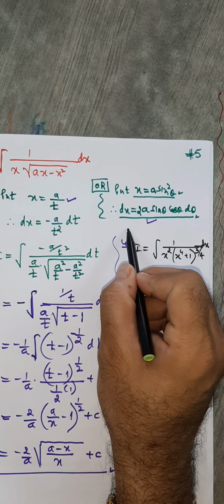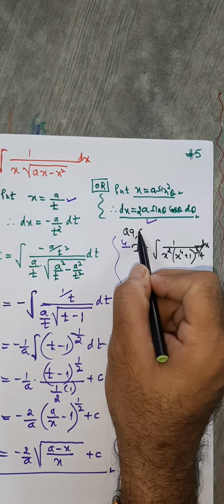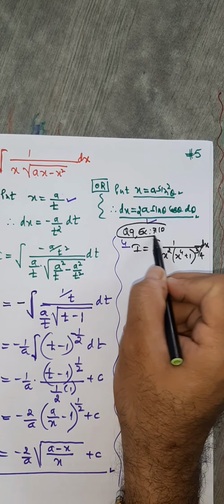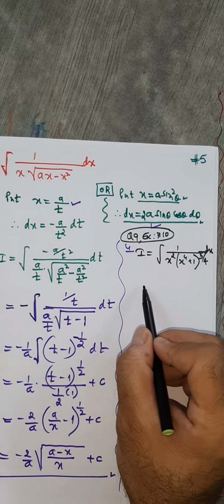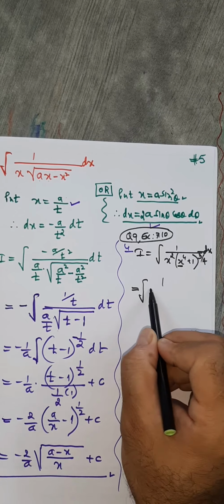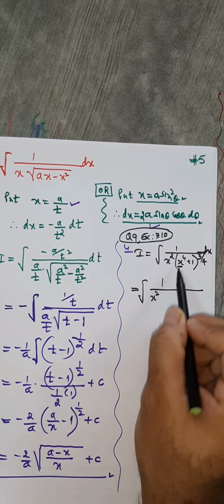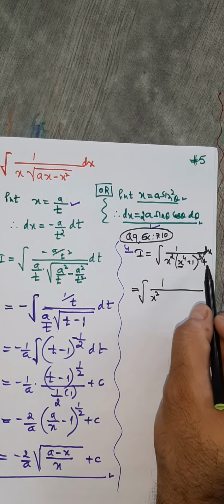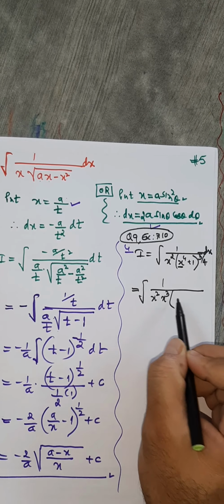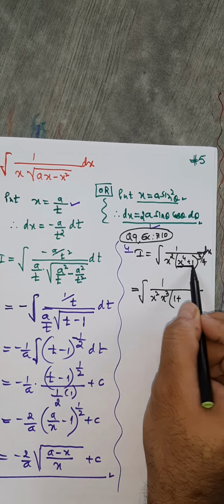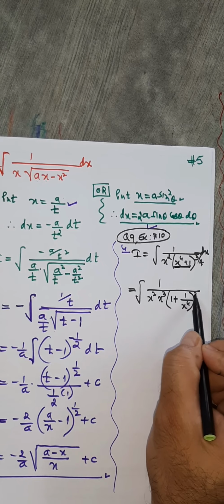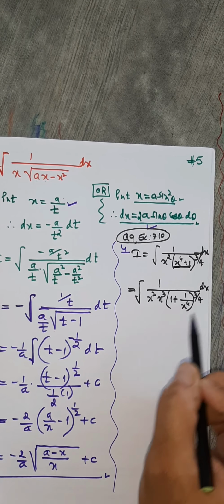You recall question number 9 of exercise 7.10. Just have a look at that, you will realize what we do in such questions. We take the highest power common here. So this is x squared. When you take x raised to 4 outside the bracket, this 4 and this 4 will go away, so it is just x cube, into (1 plus 1 upon x raised to 4) raised to 3 by 4 dx.